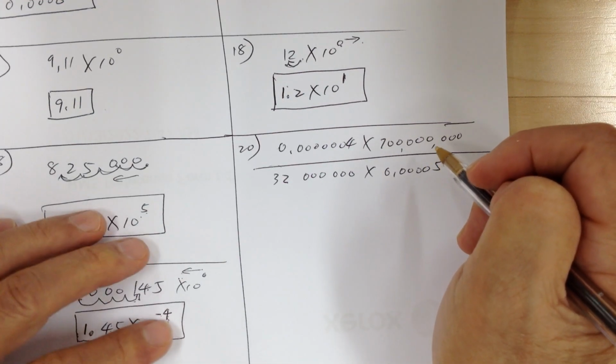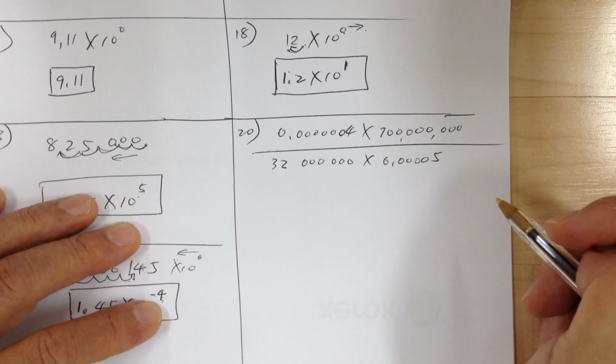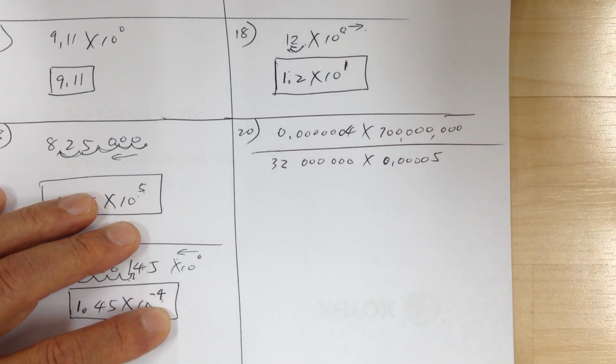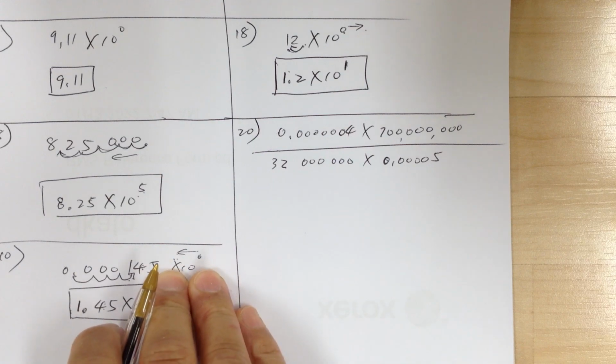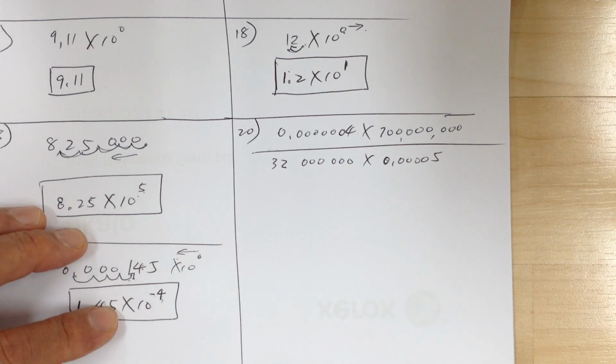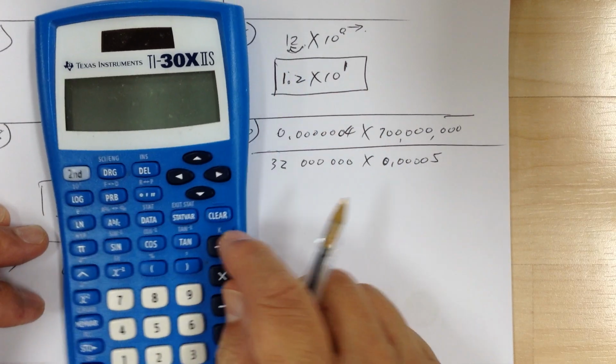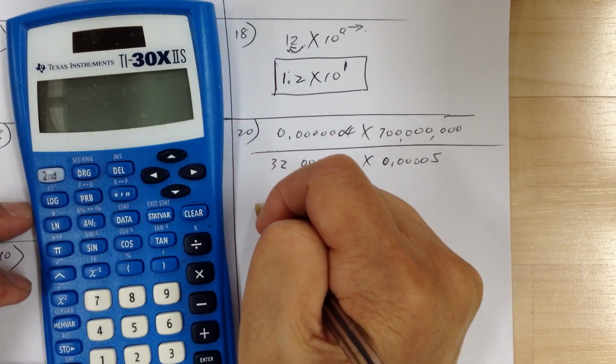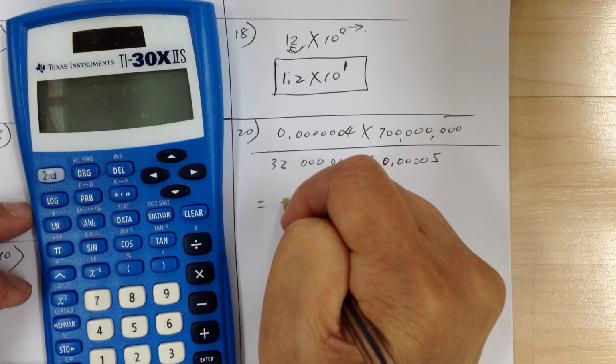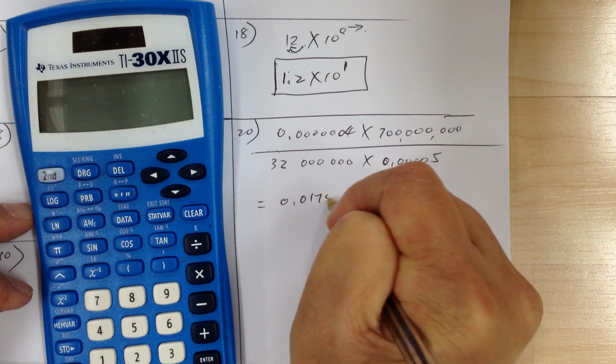So this one, you can just use a calculator. It's much easier. So just punch the number in the calculator, and you should end up with 0.0175.